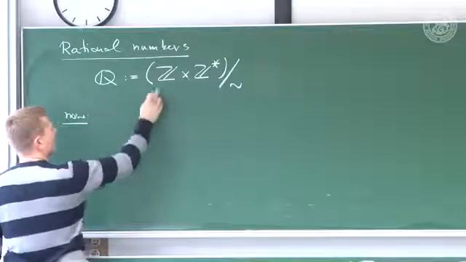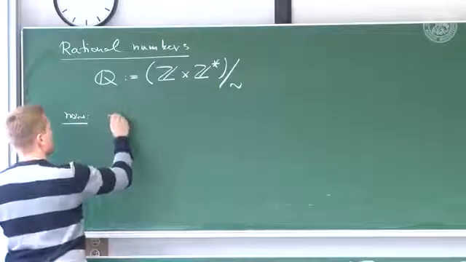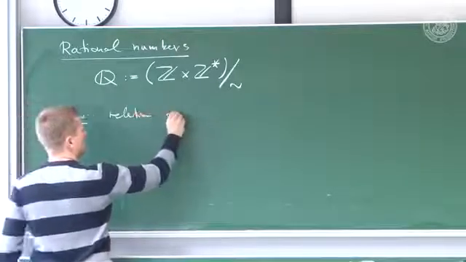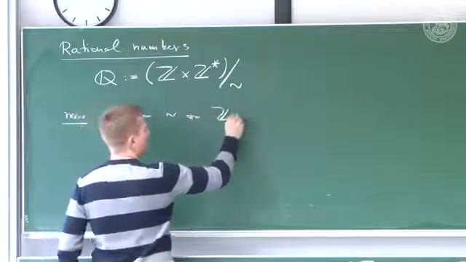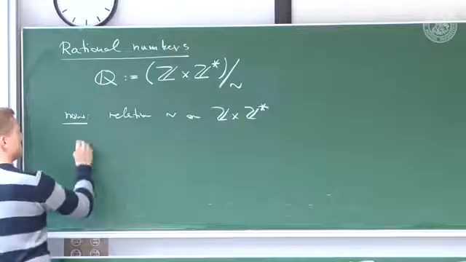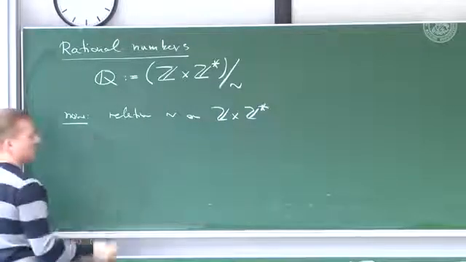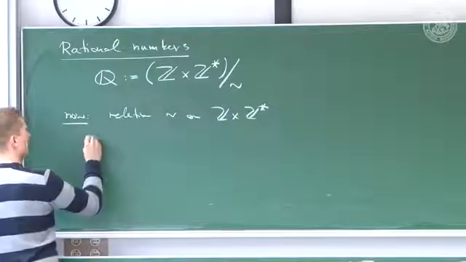this equivalence relation, twiddle, on this Cartesian product Z cross Z star is defined as follows. A pair, let's again call them m, n, but now maybe call them differently, x, y.